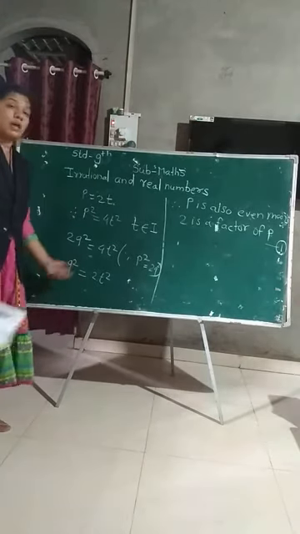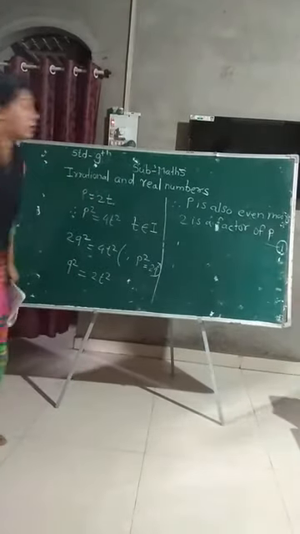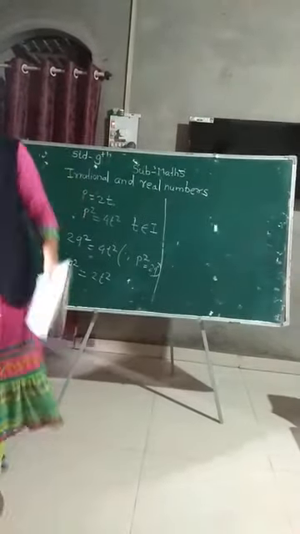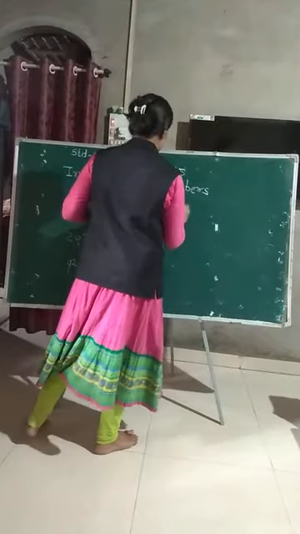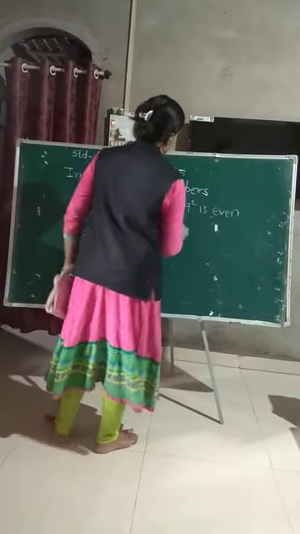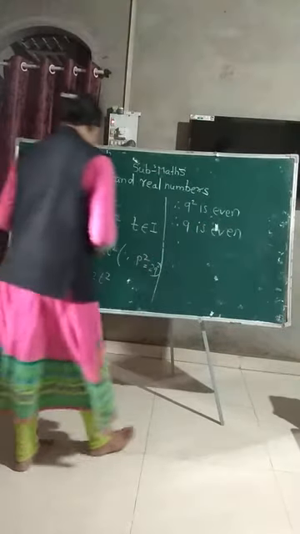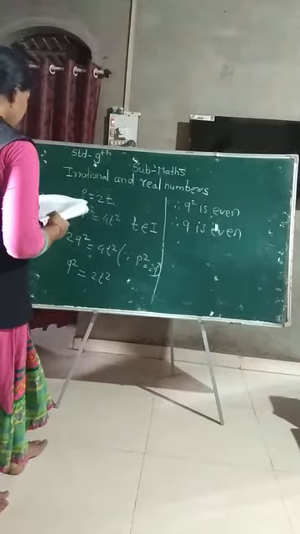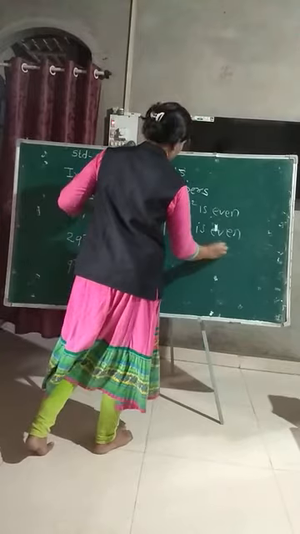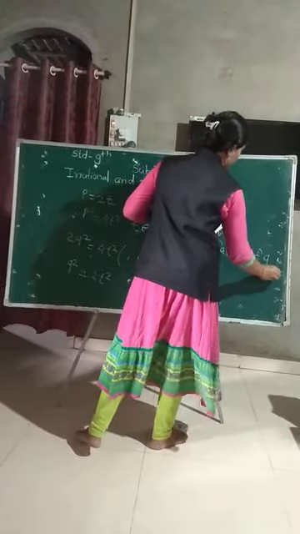Therefore, q square is also even. Yes, q is even, so 2 is a factor of q.